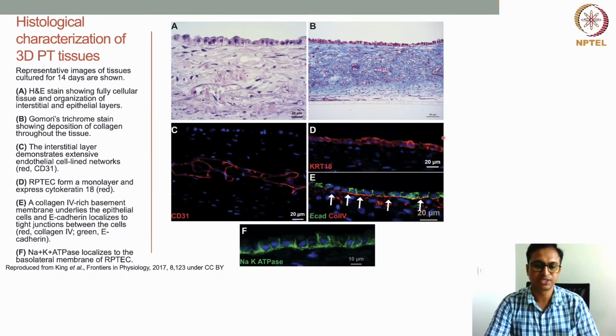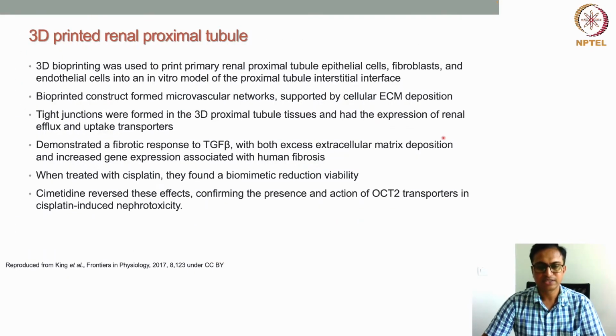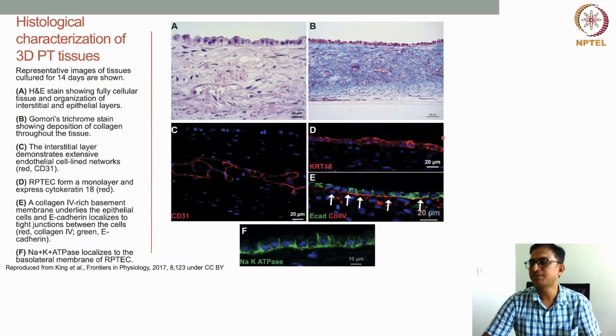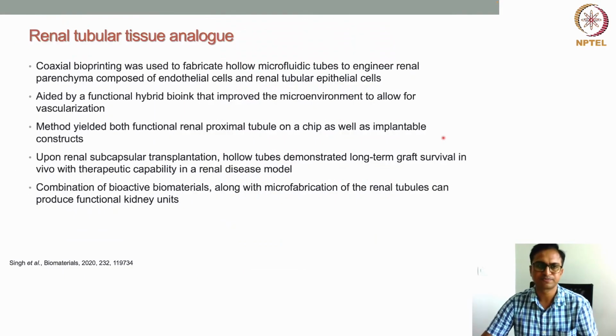And also, as I mentioned in an earlier slide, they used certain nephrotoxic drugs to find out whether responses that can be seen in the human body can be seen similarly in a bioprinted model or not. So this is another important study where they have shown how 3D bioprinting can establish a functional proximal tubule interstitial tissue interface.